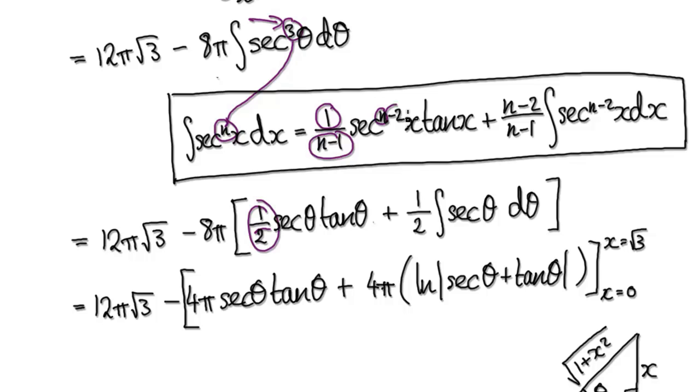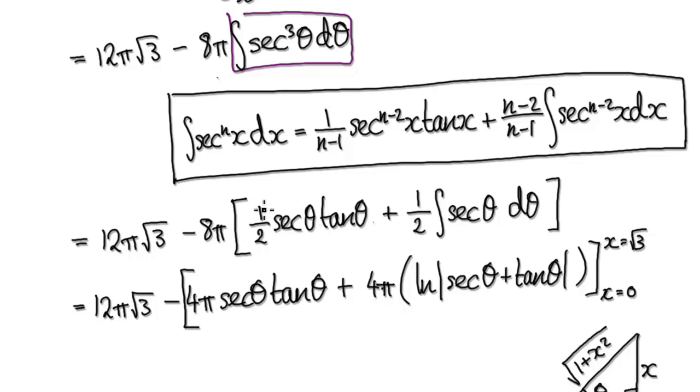So 3 take away 2, that will be 1. That will be 1 here, and then you've got 3 take away 2. That will be 1. 3 take away 1, that would be 2, and then 3 take away 2, that would be 1. So using the reduction formula, this thing here will then become this thing here.